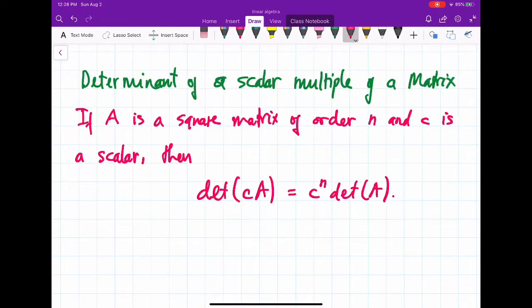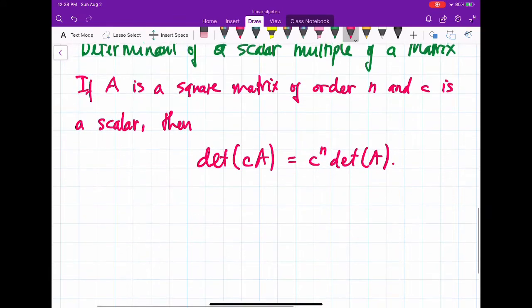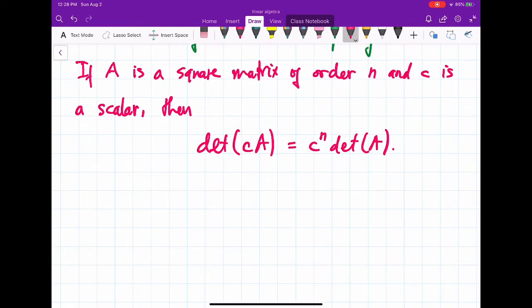As a consequence of the previous theorem about the determinant of a product of matrices, we have the following. Suppose that A is a square matrix of order n and C is a scalar, just a constant. Then the determinant of CA is equal to C to the n times the determinant of A. It's pretty easy to prove this because C can be considered as C times I_n.